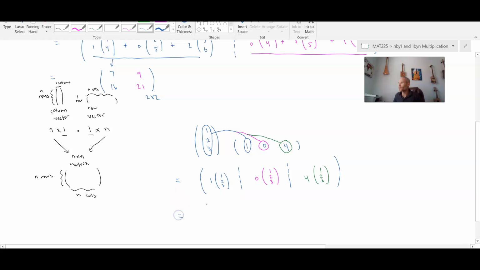And so what I'll end up with is the vector 1, 2, 3 in the first column, the vector 0, 0, 0 in the second column, and the vector 4, 8, and 12 in the third column. So we started off with a 3 by 1 vector multiplying a 1 by 3 vector and ended up with a 3 by 3 matrix.